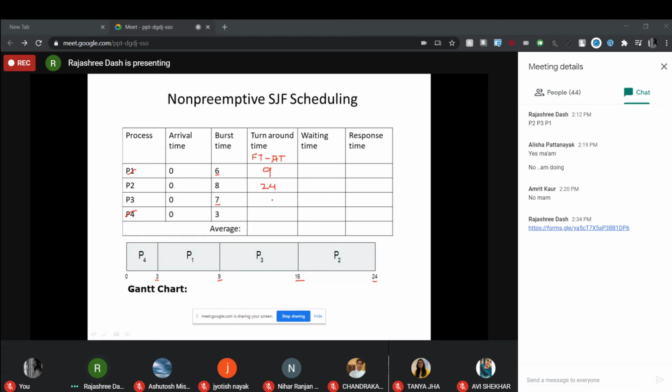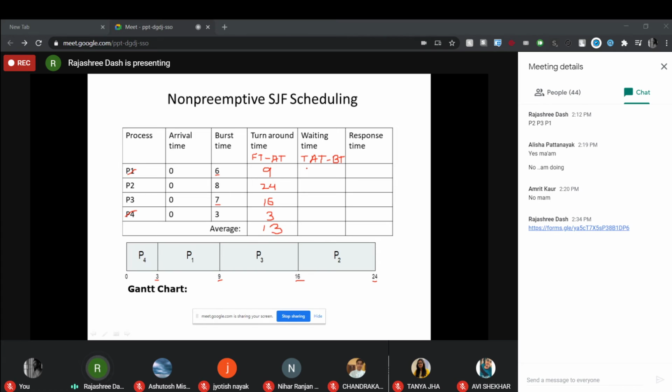For P3, 16. For P4, 3. So what is the average turnaround time? 13. Correct.